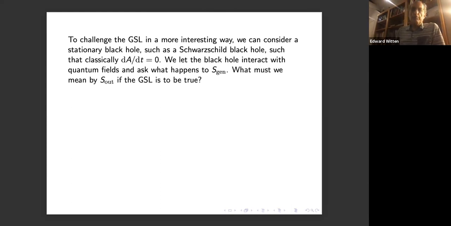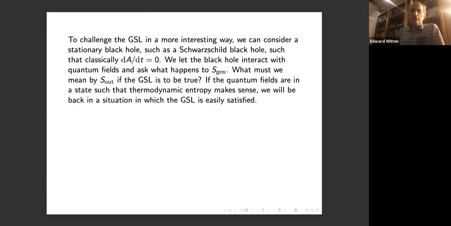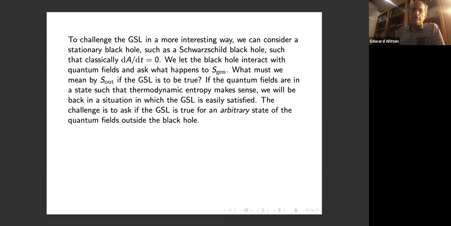Well, what must we mean by the entropy outside if the generalized second law is to be true? And what must we mean by it if the generalized second law is going to be interesting? Well, if the quantum fields are in a state such that the thermodynamic entropy makes sense, we'll be back in a situation in which the generalized second law is easily satisfied. The challenge is to ask if the generalized second law is true for an arbitrary state of the quantum fields outside the black hole.